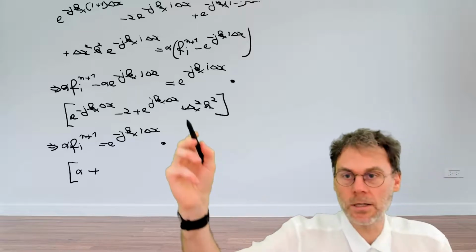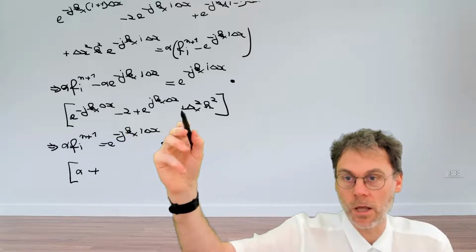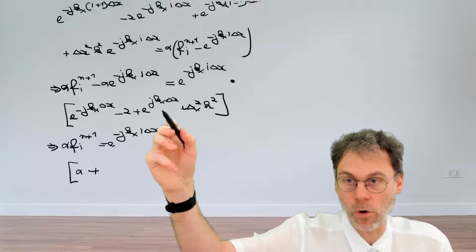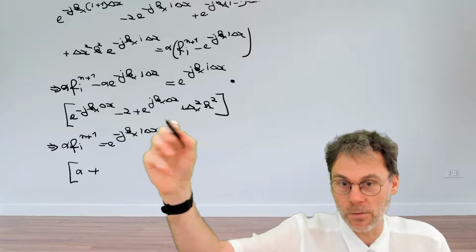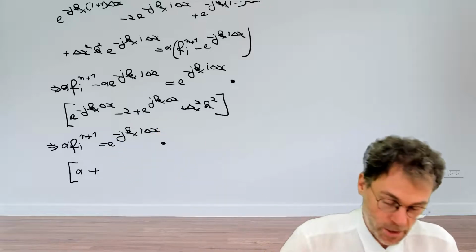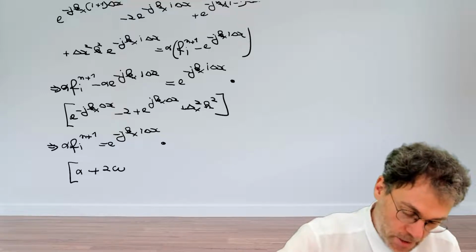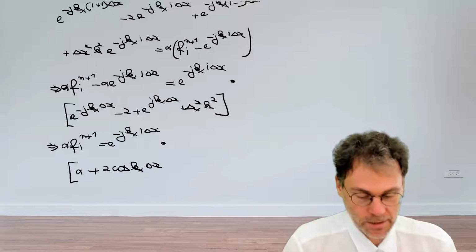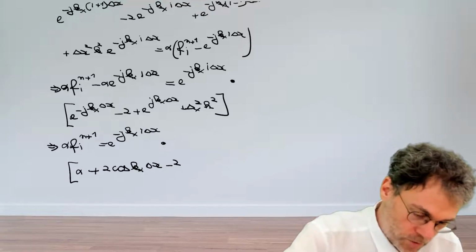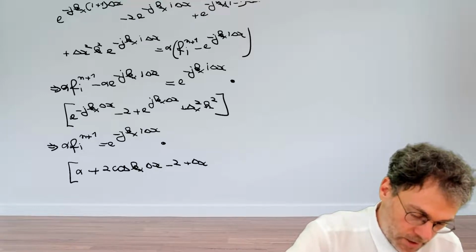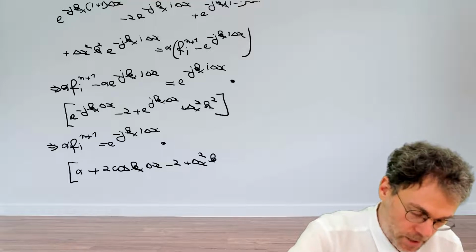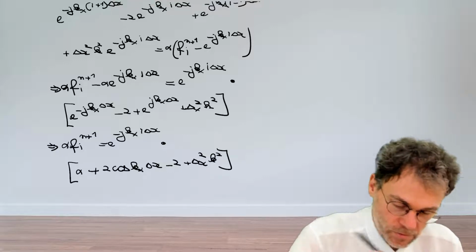Now let's take a look at these two exponentials over here. At this point in time, you hear Euler whispering in your ear that you can combine those into a cosine. So this becomes 2 times the cosine of kx delta x minus 2, and then we have delta x squared k squared. Right.